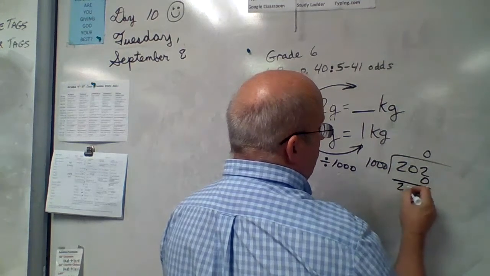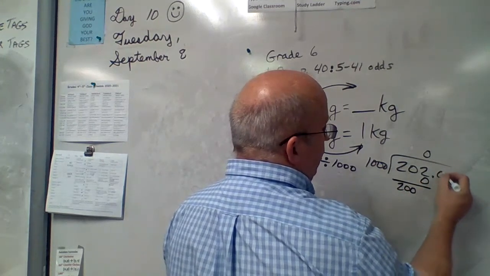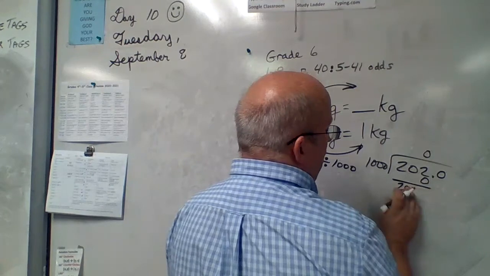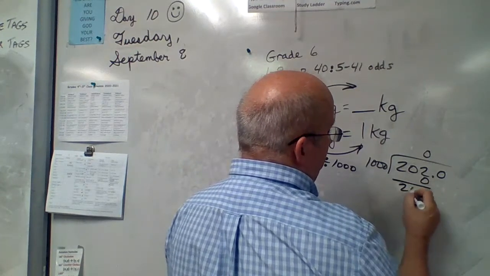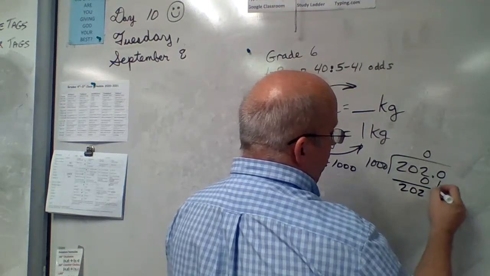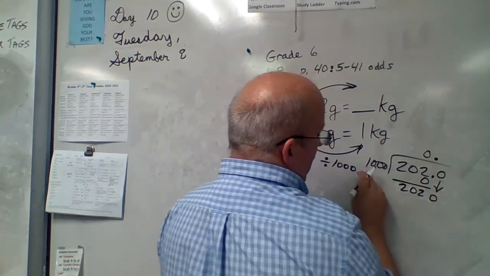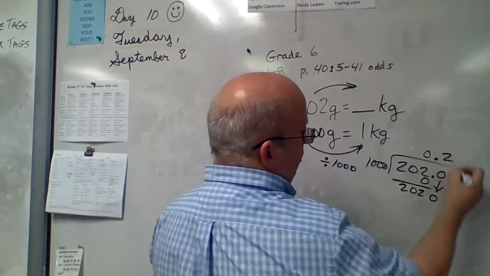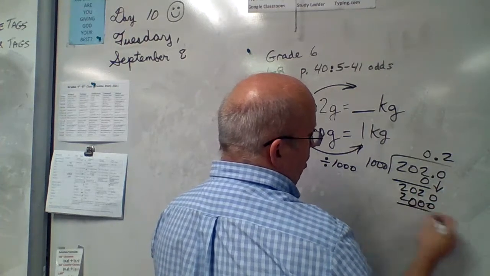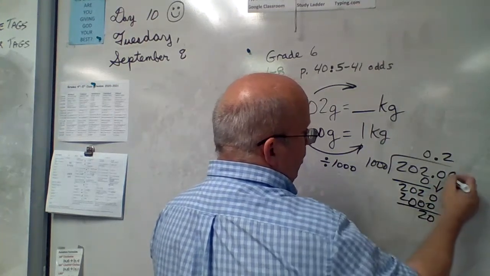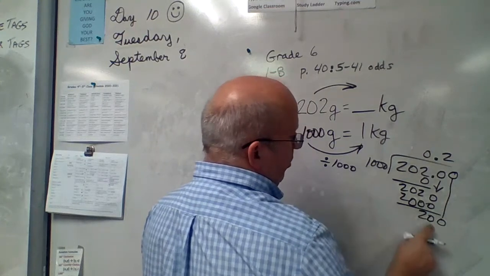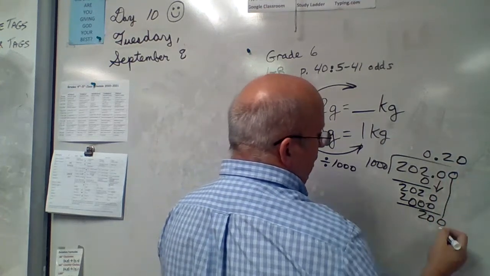But we can put a decimal point here, put a 0 here. Oops, excuse me. Bad subtraction. And we can bring that 0 down, right? We can also bring this decimal point straight up. How many times does 1,000 go into this? Twice. Let's bring down another 0. How many times does 1,000 go into this? 0 times.